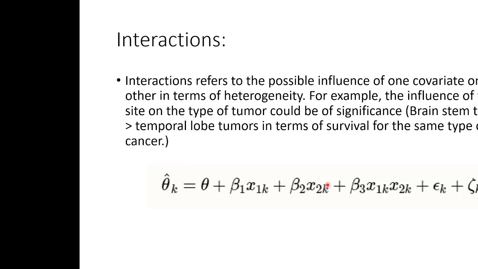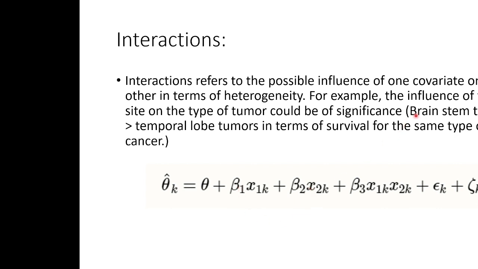Okay, now the final topic that I will be covering in this video is going to be interactions. What are interactions? As I explained earlier, this formula without this variable is the normal multivariate meta-regression formula. But sometimes one of your variables inherently affects another one.